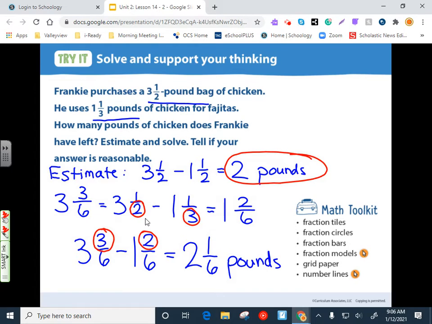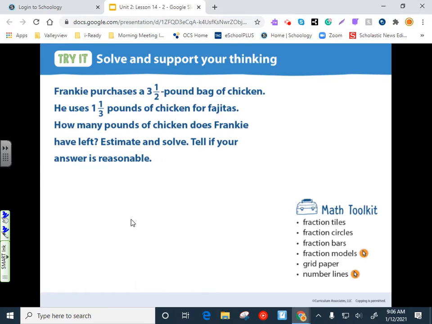So we know our answer is very likely right. And again, you don't always have to estimate, but you can look at a problem at this point, especially with fractions, and kind of make the numbers easy to work with in your head so you know you're not way off with your actual answer. It's a good skill to have.